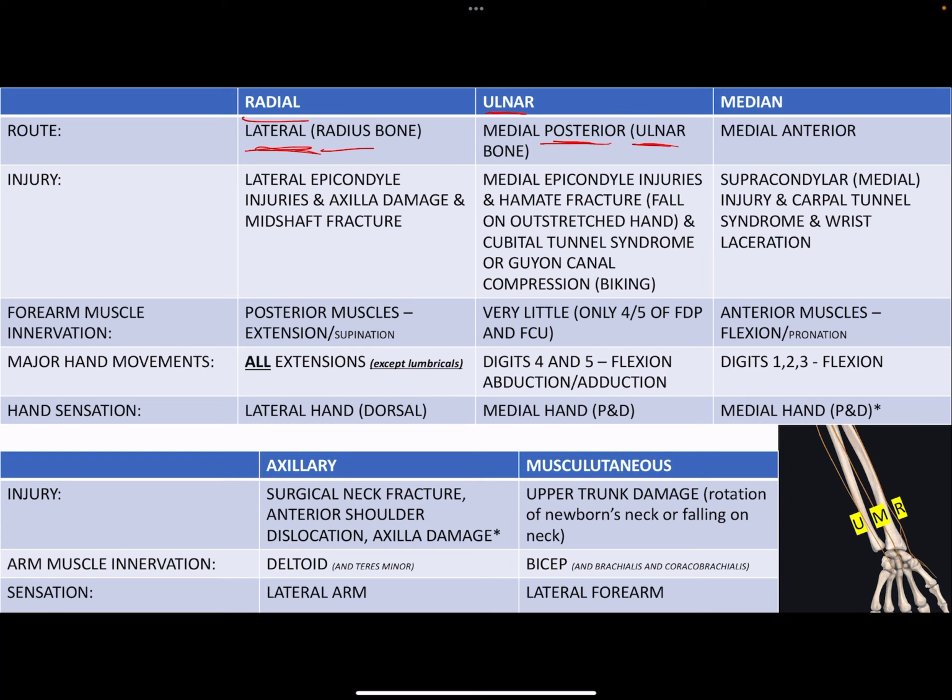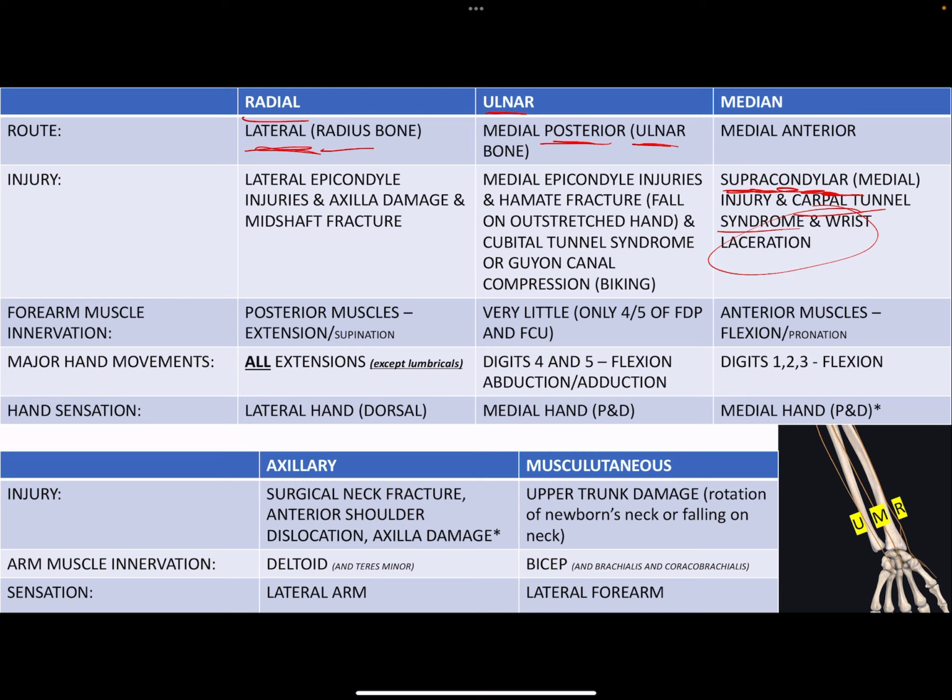And cubital tunnel syndrome, and Guyon canal compression, something like riding a bike and putting too much pressure on your wrists on the handlebars. Median: it's also kind of like a medial epicondyle injury, but technically it's a supracondylar, they might say that. Carpal tunnel syndrome is probably the main one. That's really important that you'll see, or just like a wrist laceration of someone cut their hand cooking or something.